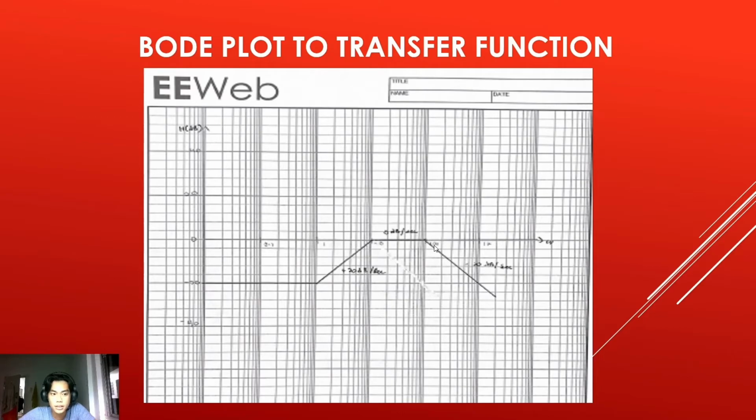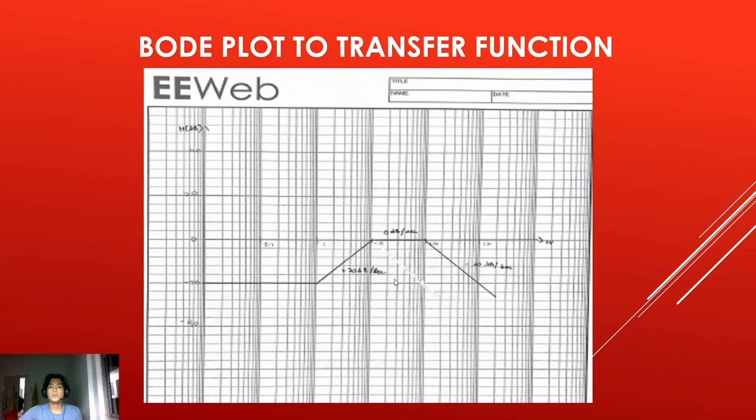So we can see that the slope is changing, which we can call a corner frequency. What I mean by corner frequency is that this corner is 1, this corner is 10, and the other corner is 100. So they have different corner frequencies.